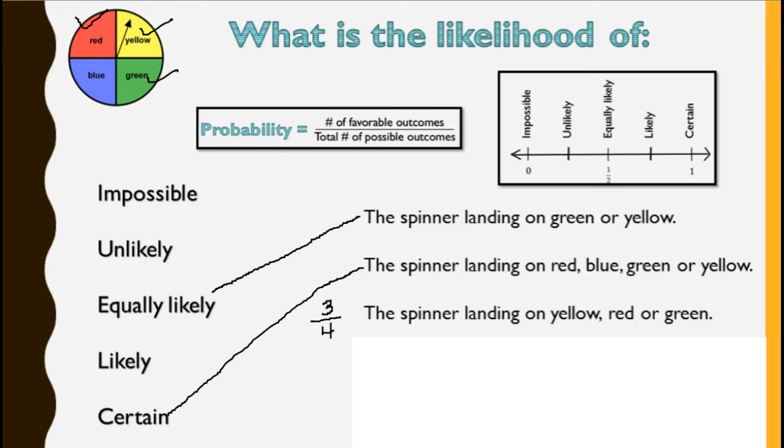So 3/4. Now that is bigger than 1/2, but it's not 1, so we're going to use this word, likely. So the likelihood that the spinner would land on yellow, red, or green is very likely. Okay, so we're going to draw a line to that word.